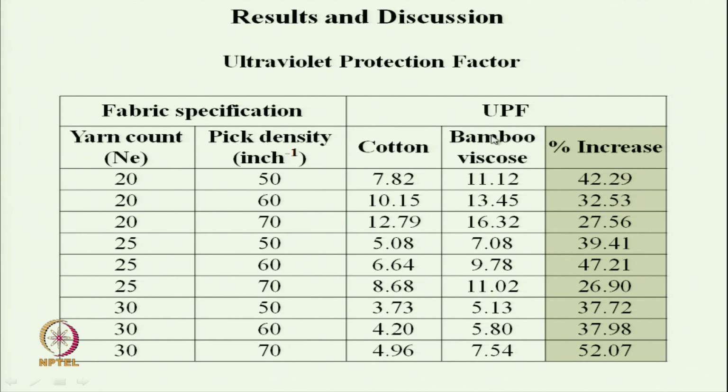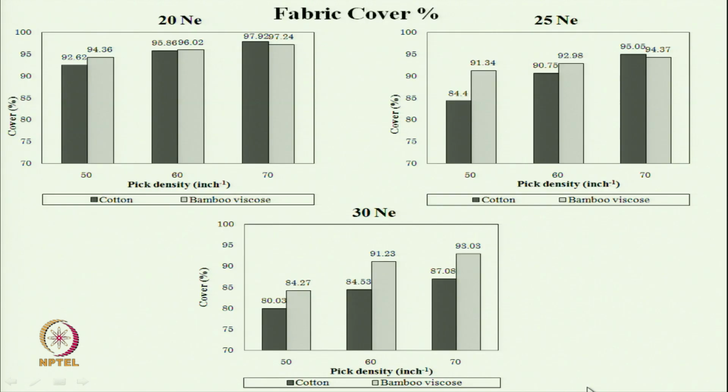It is not in the loom stage fabric, but as reported in earlier literature, the viscose fabric was giving higher UPF value. Now, to understand the detailed phenomena, why the viscose is giving higher UPF, different studies were carried out.